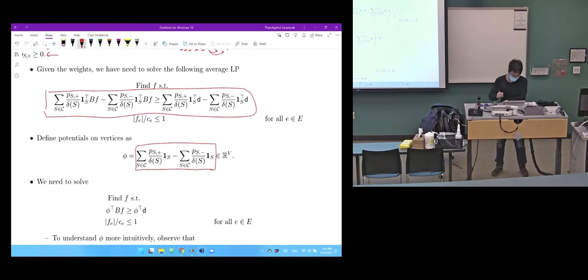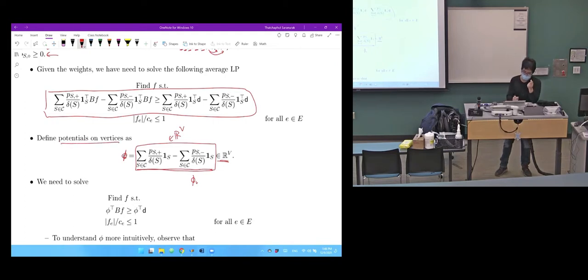Note that this vector 1 here is just an indicator vector living in R^V, and each of these is just a number. The same thing here. So this is just some vector living in R^V. If I write this, I define it as a potential, because this vector lives in R^V, so I think of phi_v as a potential of v.